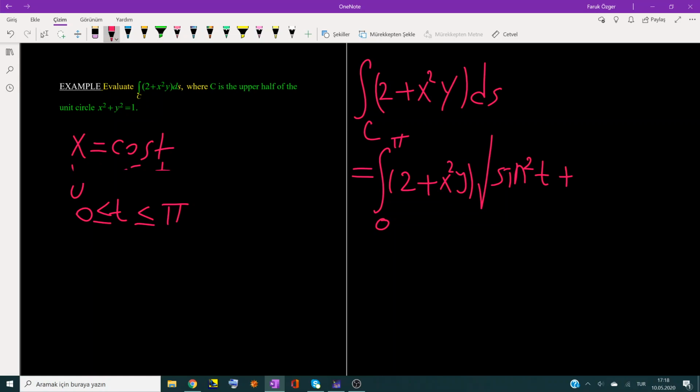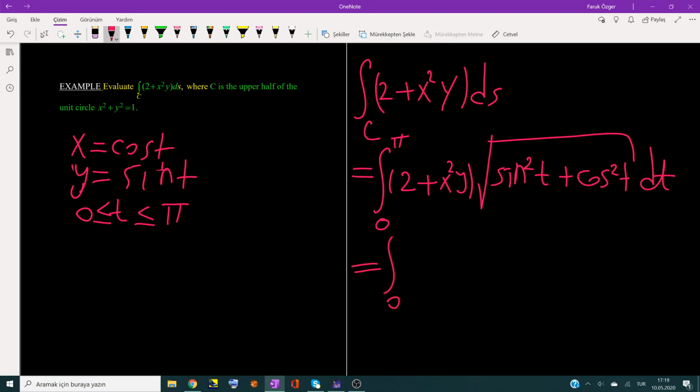Derivative of y is cosine t. Cosine t square. Okay, dt. It is equal to integral from 0 to pi.